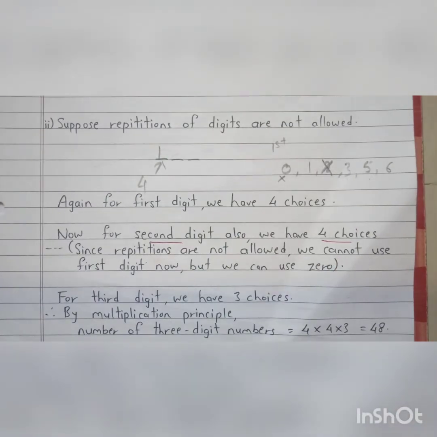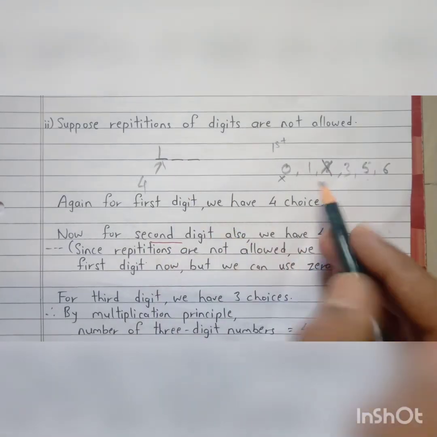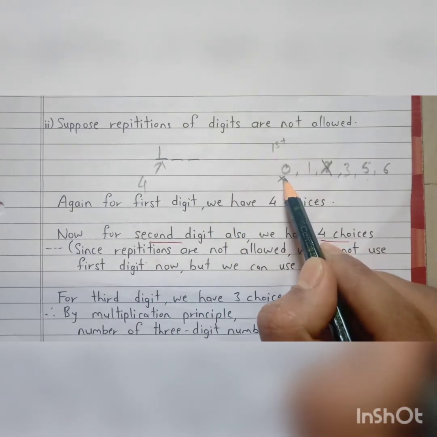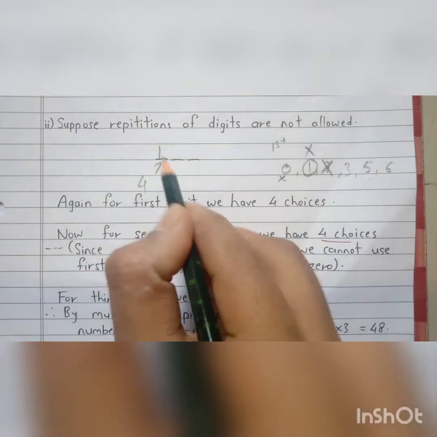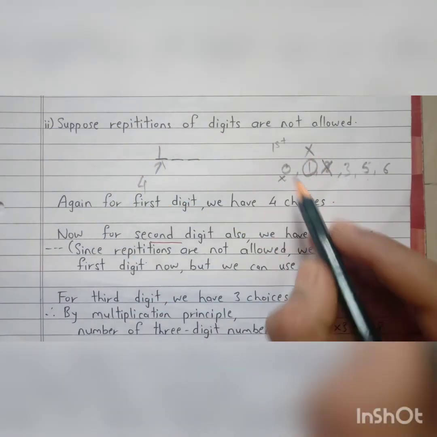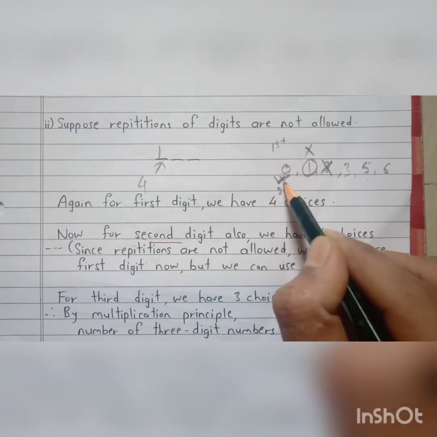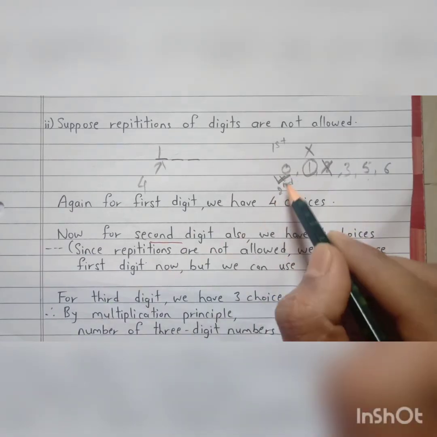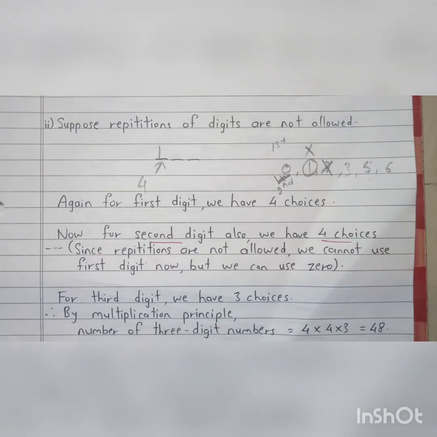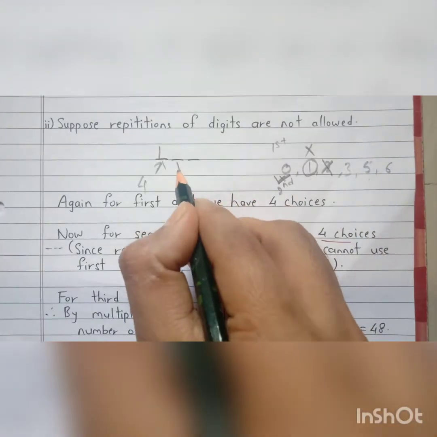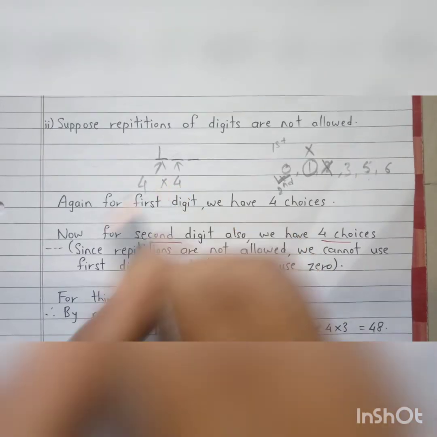Why? Because on the second place now I am allowed to write 0. My 1 has gone because I have written 1 here, but now this 0 is allowed for the second digit. So I have 4 choices: 0, 3, 5 and 6. So for the second place I have 4 choices.